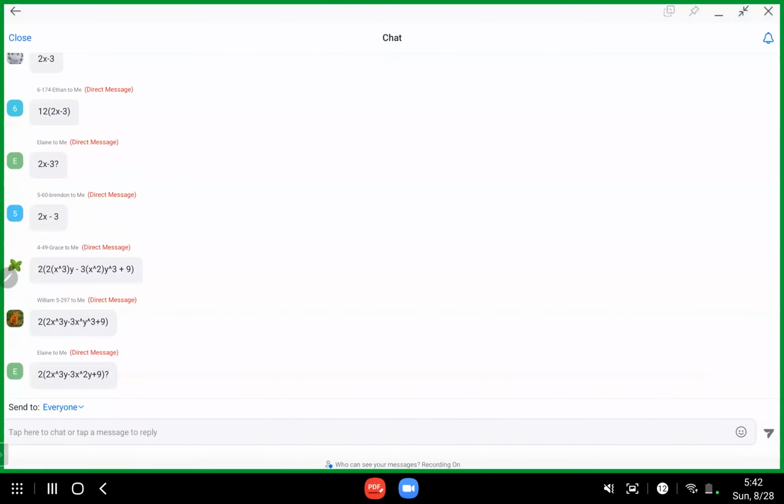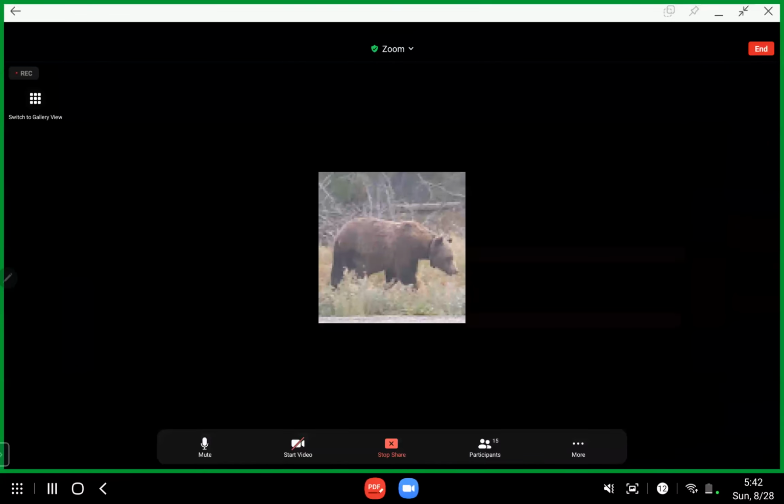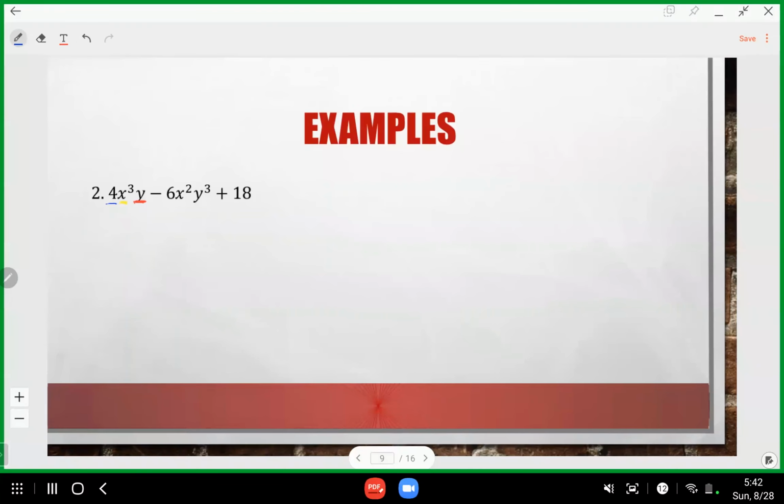So let's see what everybody came up with. So we have 2 times 2x to the third y minus 3x y to the third plus 9. All right, see if that's correct. So everybody participate in the chat. Let's look at each term here.